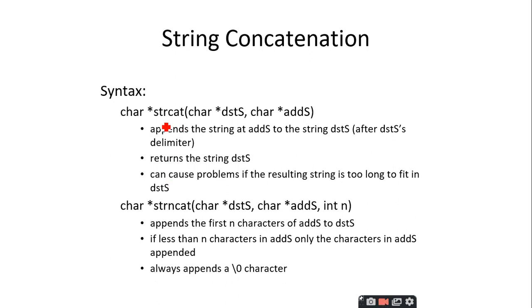This is the syntax of the string concatenation function. strcat is the name of the function, and the return type of the string concatenation function is a pointer to a character. We know that a pointer to a character is nothing but a string.